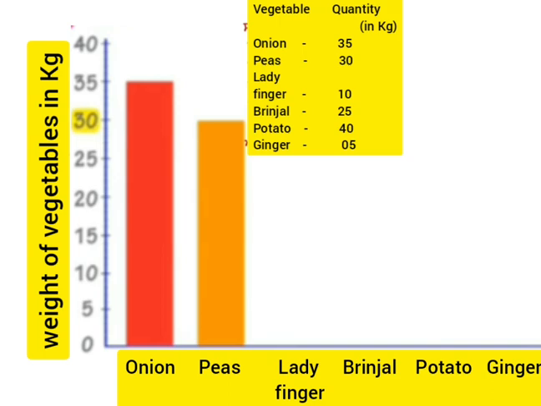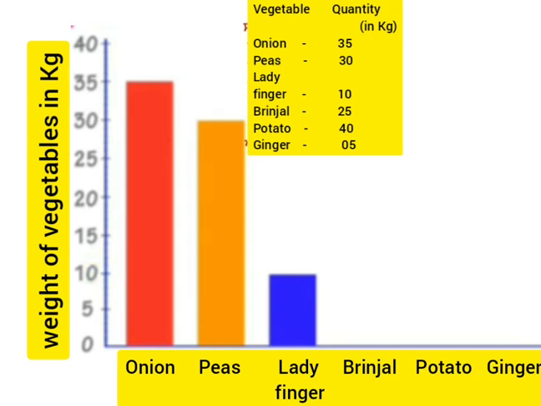The quantity of ladyfinger is 10 kg. Now we draw a rectangular bar to represent 10 kg of ladyfinger. Here is the graph for it. Now look at the list again. 25 kg brinjals are to be shown.